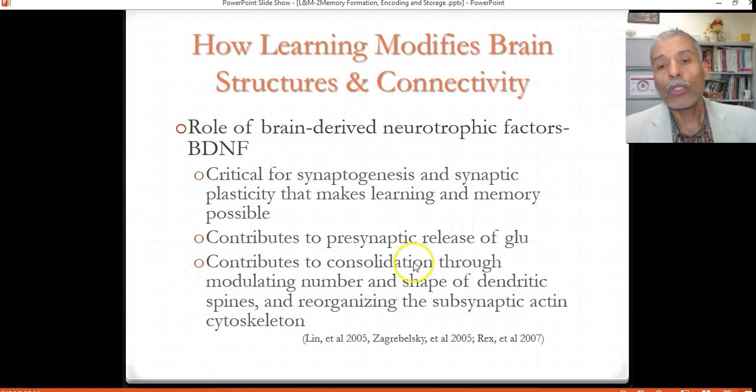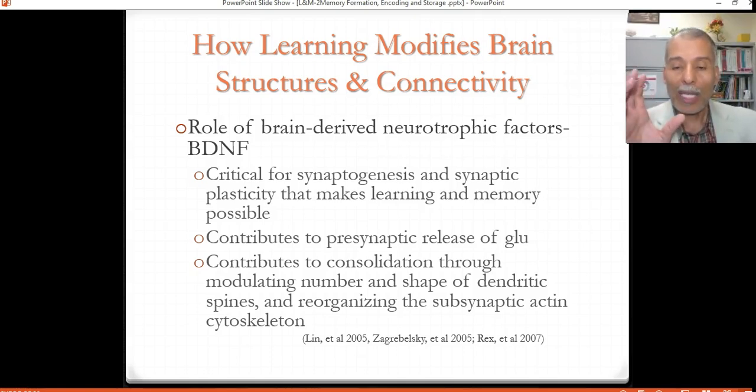It contributes to consolidation of new information through making changes in the number and the shape of the dendritic spines, and also in reorganizing the subsynaptic actin cytoskeleton.